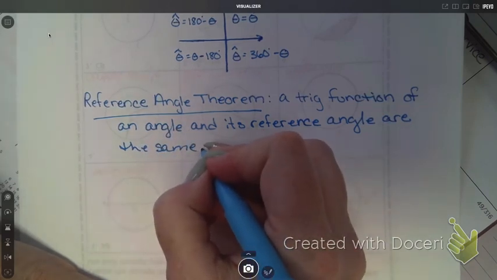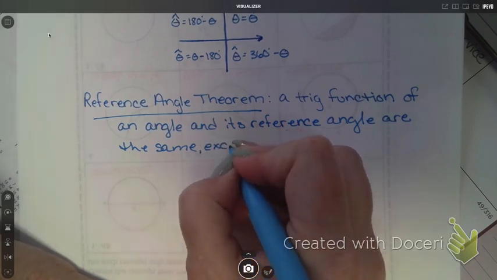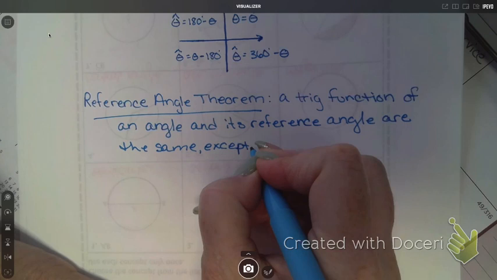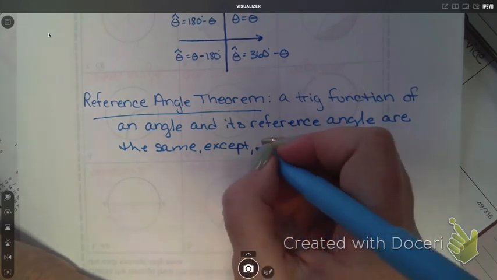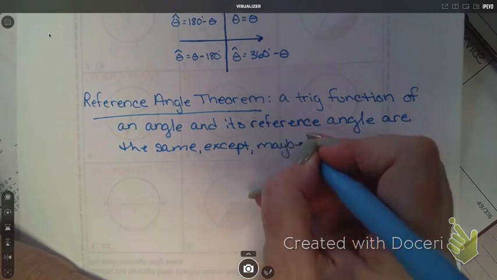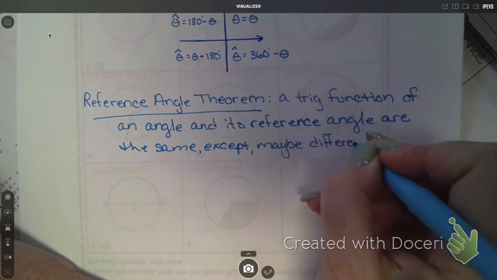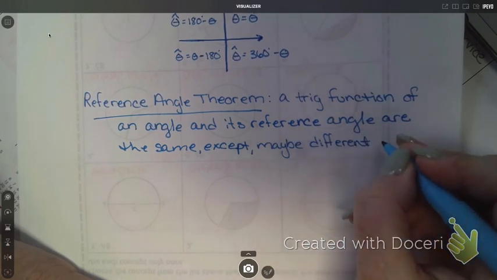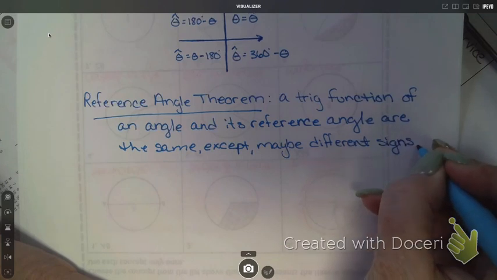Well, they're more than the same, exact, except perhaps we're going to put maybe different what? Could be the same number, but could be different what? Signs?